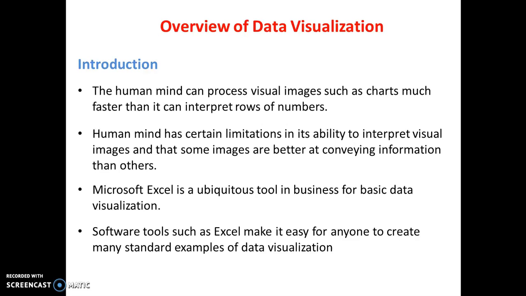So that can be easily understood. But at the same time, our human mind has some limitations. Beyond the limitation, it may not be able to convey the message. For that, we use software tools like Microsoft Excel that help us visualize basic business data.